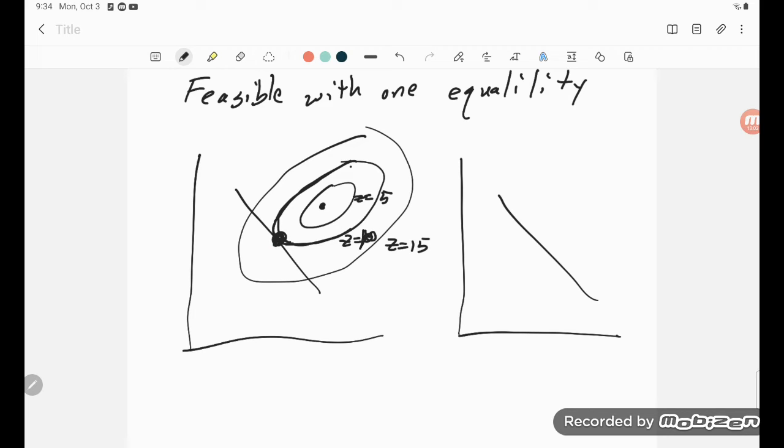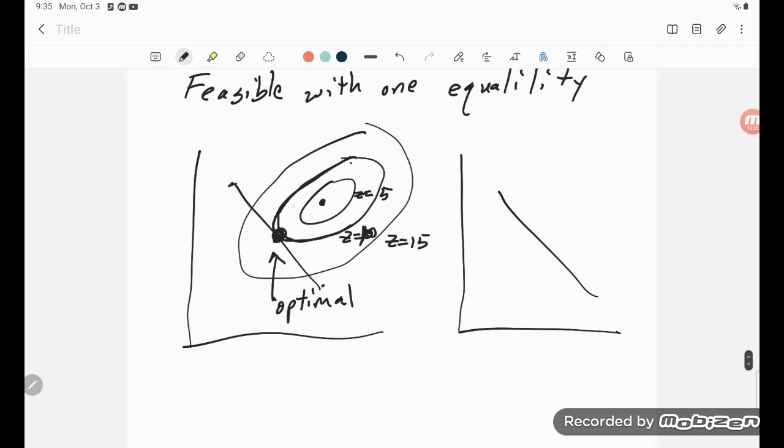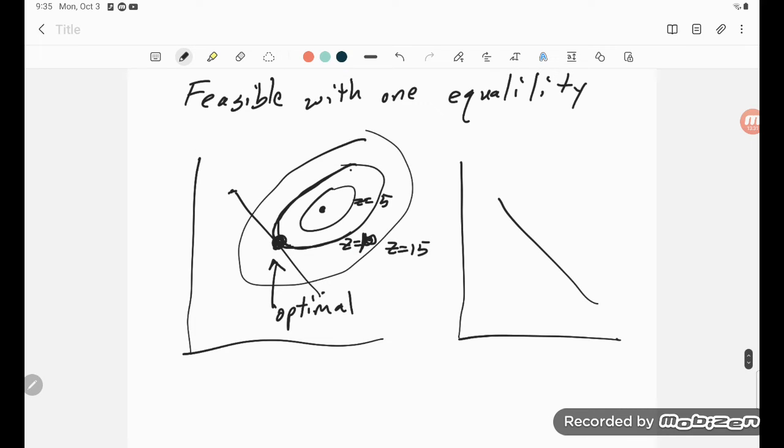That was a 10. There's our optimal. And notice it doesn't happen at either end of this thing. Okay? So that could happen for our optimal, because it's the last place these ellipses touch as I make z smaller.